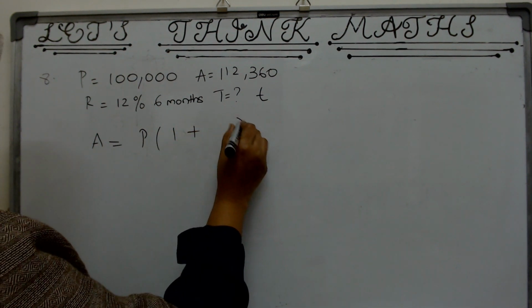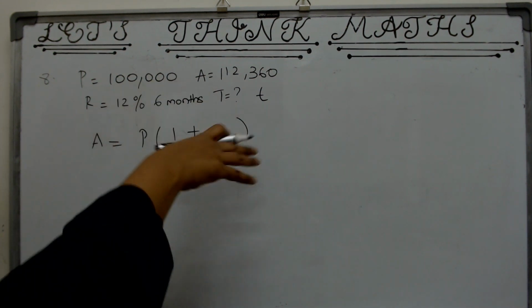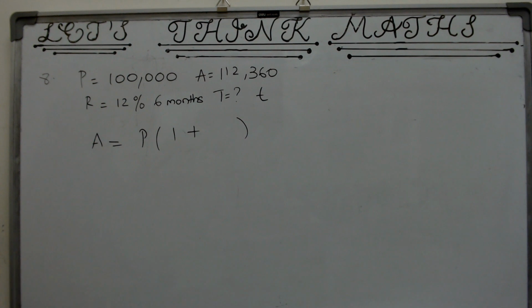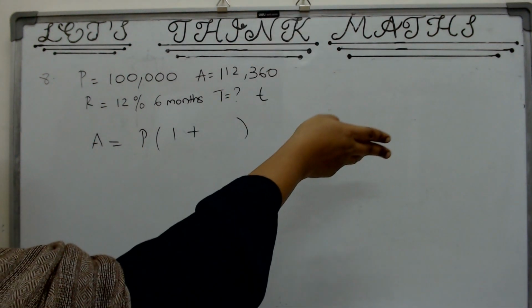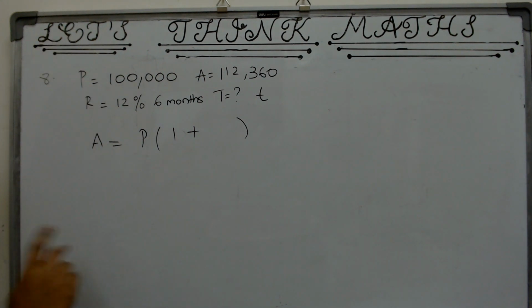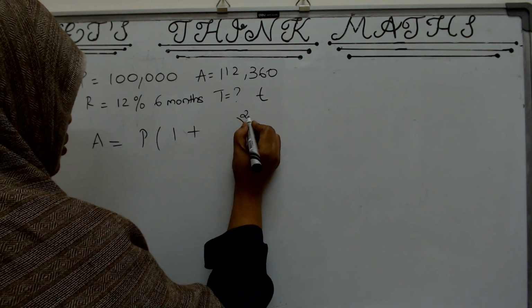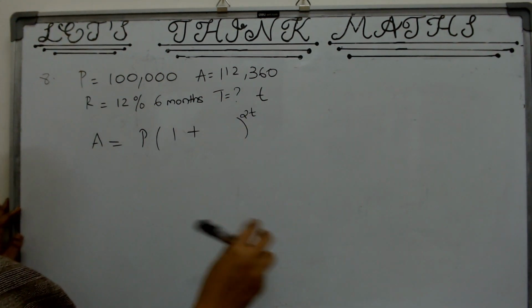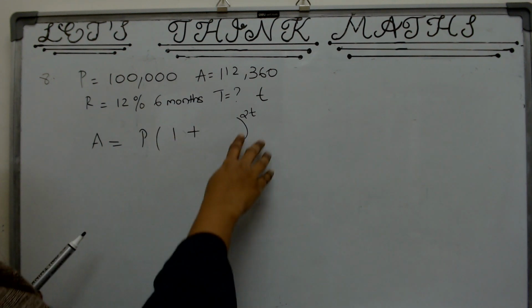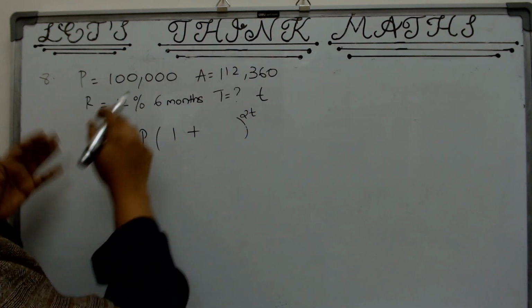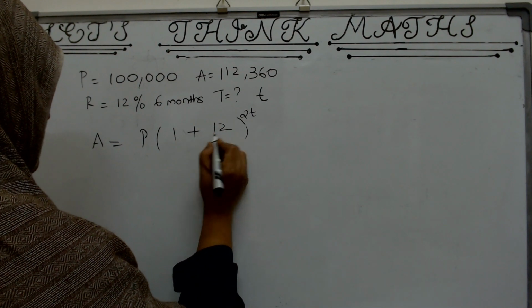It will be 1 plus what? It is for every 6 months. So in 1 year there are 2 six-month periods. So your T will become double and R will become half. So your T will become 2T, because in 1 year there are 2 conversion periods. So this will become double and rate will become half.